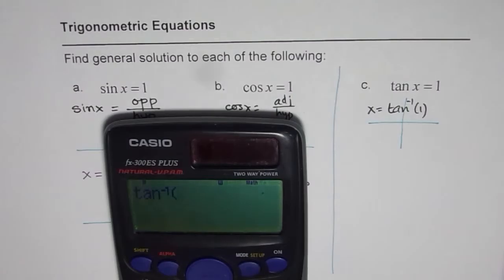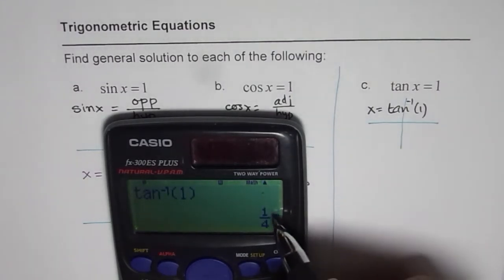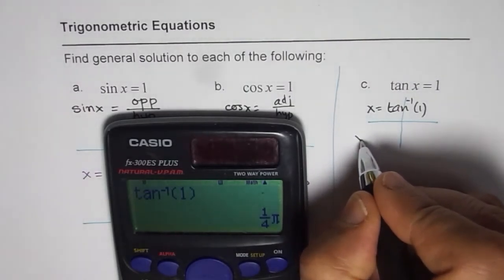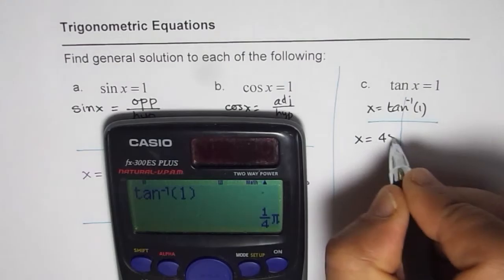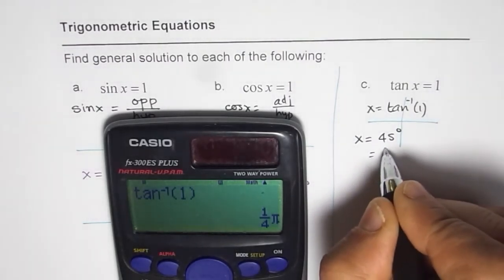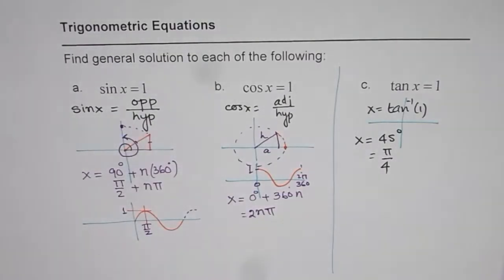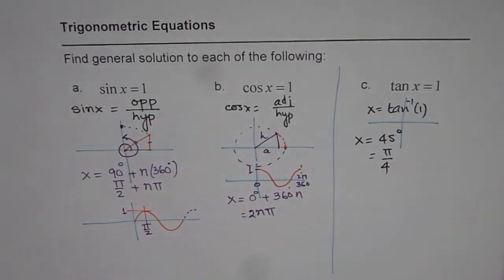Tan inverse of 1 is equal to pi by 4. If I convert it to degrees, I will get 45 degrees. So I get x equals 45 degrees, or as I showed you here, it is pi by 4 when the calculator is in radians. So for tan x equals 1, we get one answer. Whenever you use a calculator, you'll always get just one answer. You will not get the general solution, correct?